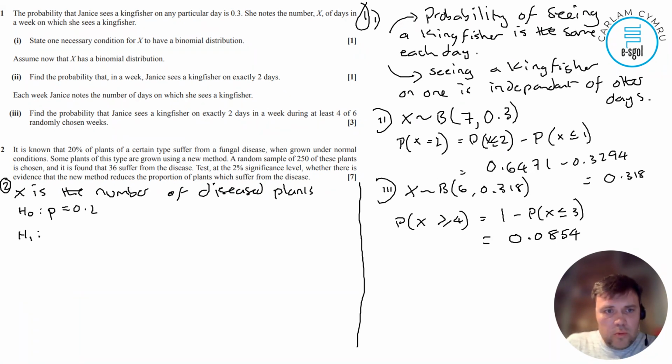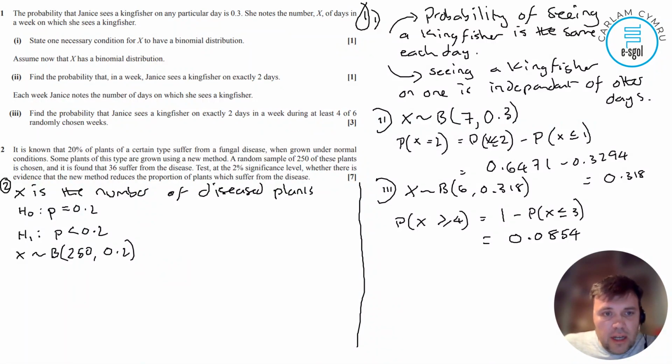Your H1 is that the probability is less than 0.2, so that there are less diseased plants than normal. Then you state your binomial. So X belongs to the binomial, and this time there are 250 of these plants, so that's n, and again 0.2 is the probability of success of them being diseased.